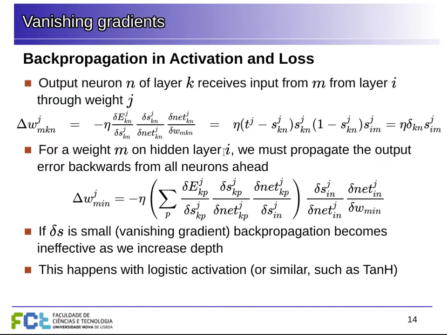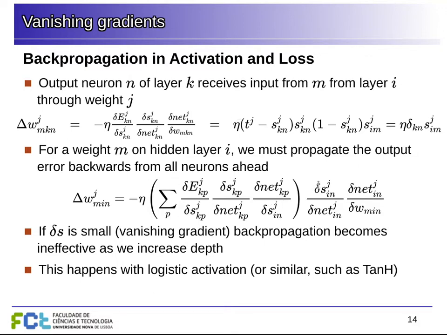So let's see another problem that occurs with deep models, which is the problem of vanishing gradients when we are training the models. When we are training with backpropagation, we are chaining all these derivatives together by multiplying them to compute the derivative of the loss function with respect to the weights that we are adjusting.